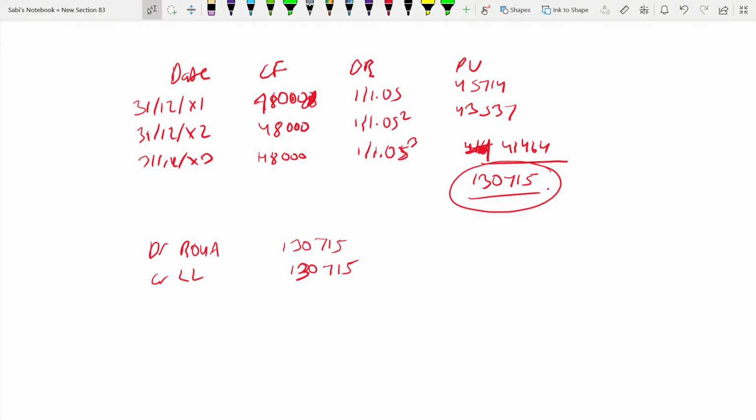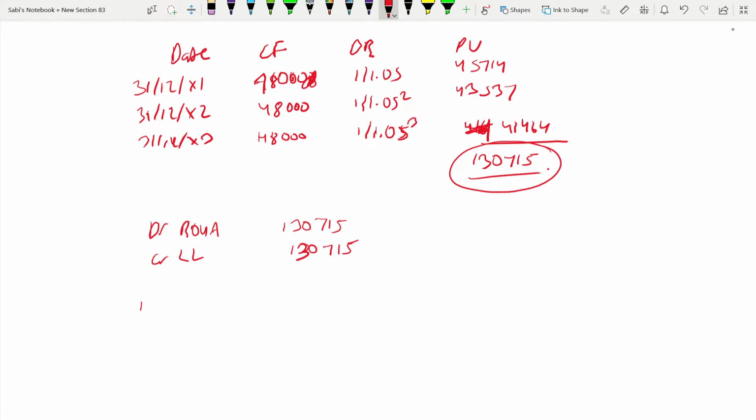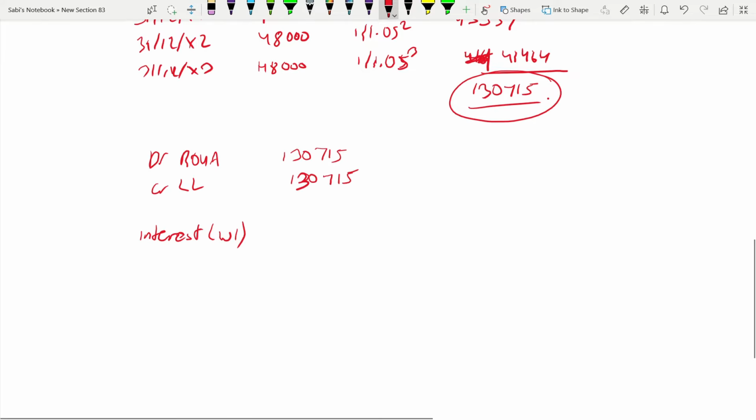But anyway, now comes the interest part, subsequent measurement. This is a good question. In fact, it has both initial measurement and subsequent measurement. So you need to charge interest. For this, we need to do a working. Let's go there and find the working.